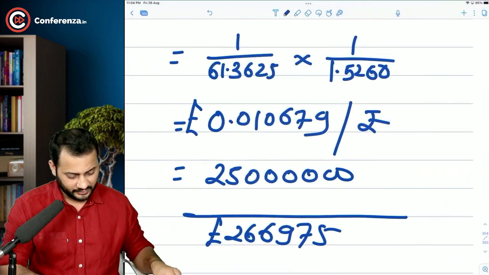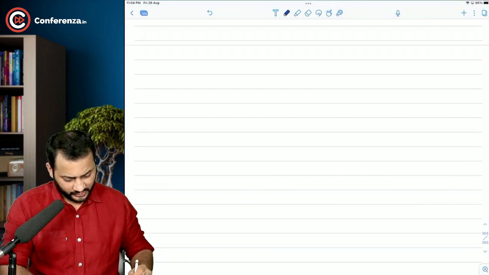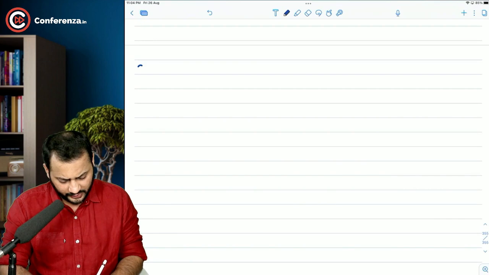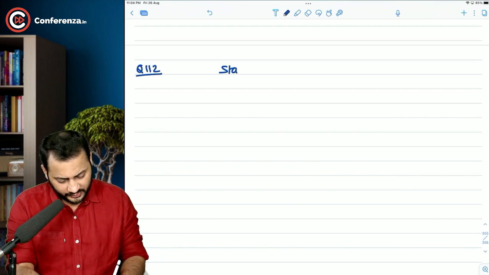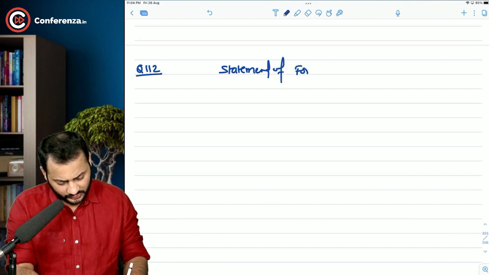Okay, so there are two things that we are going to create in question number 112. First is the statement of foreign currency, and that too only GBP.